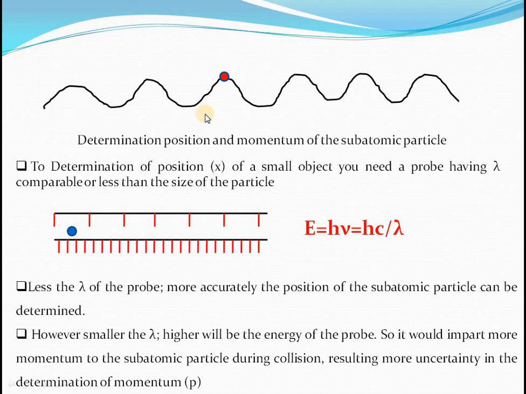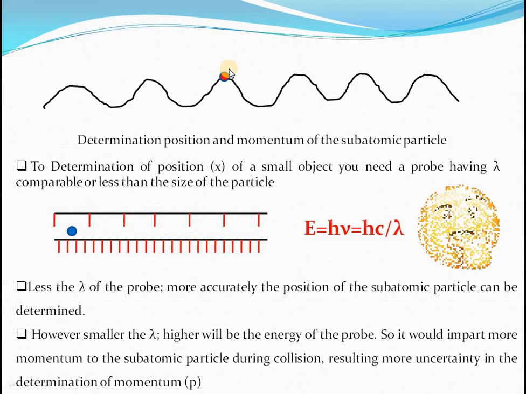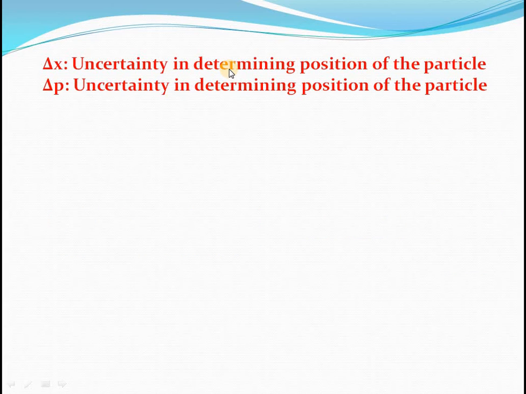So we can see that determining the position and the momentum of this electron accurately is not possible simultaneously. So we will denote the uncertainty in determining the position of this particle by delta x, and the uncertainty in determining the momentum of the particle by delta p.